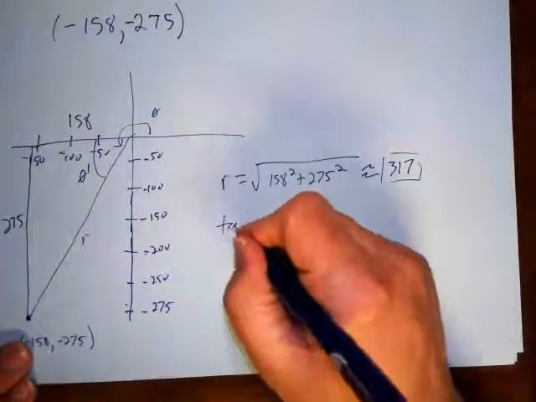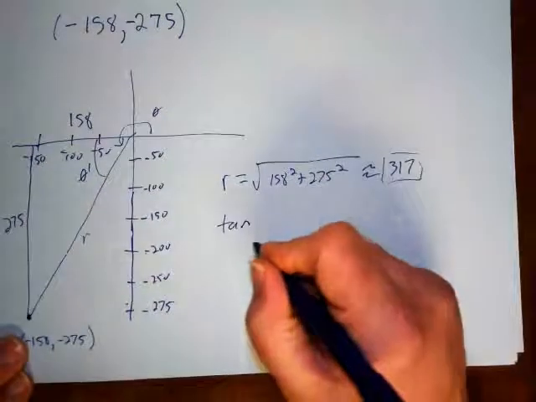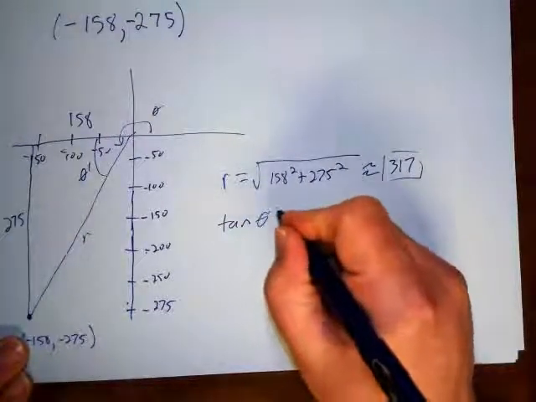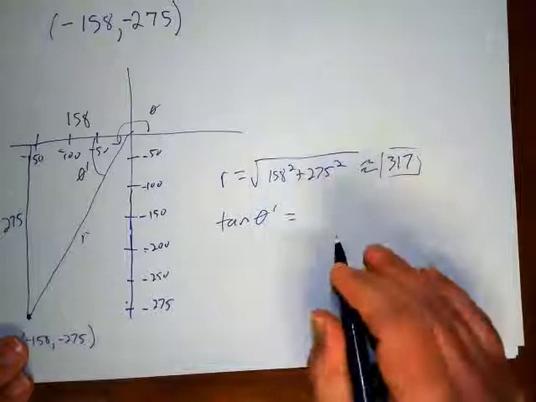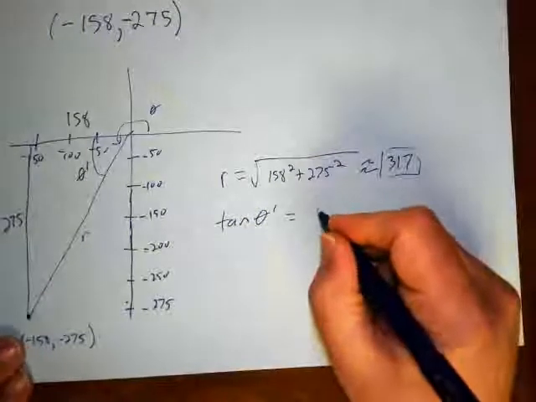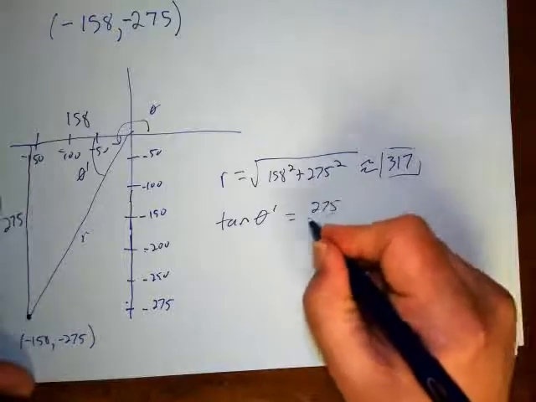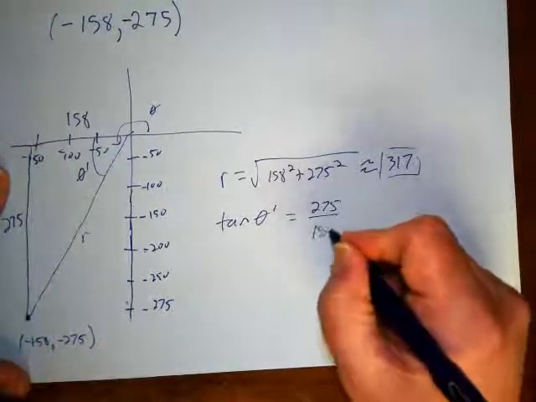And then my tangent of the theta prime is the opposite, so it'd be 275 over the adjacent 158.